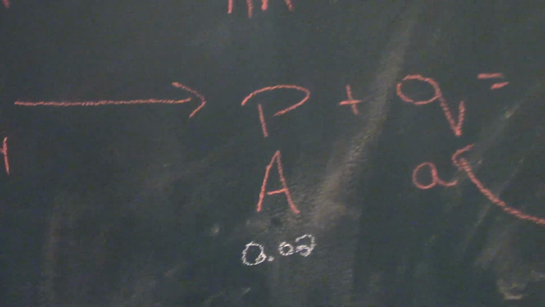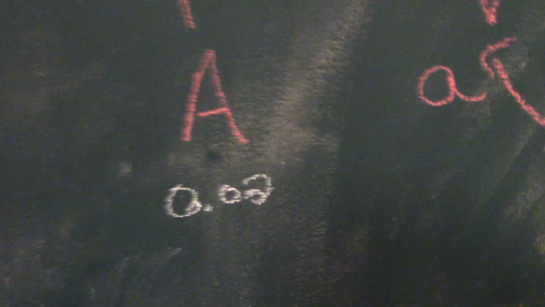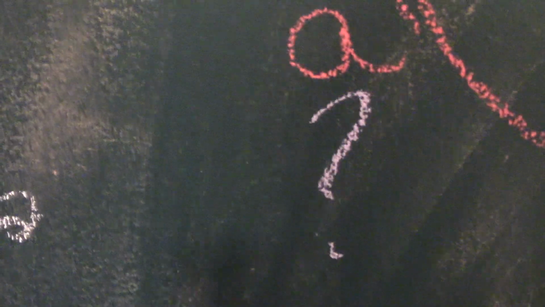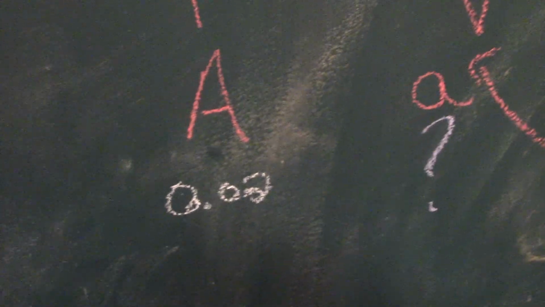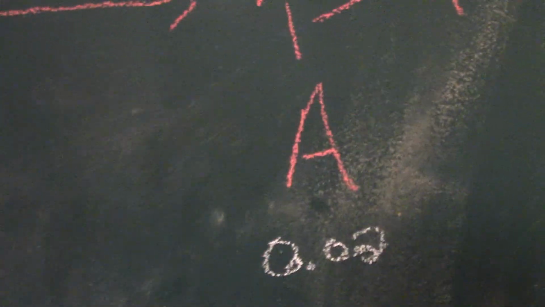It tells me the allele frequency is 0.02. I can solve for Q from that. I know that I have 0.02 for P because that was my allele frequency.